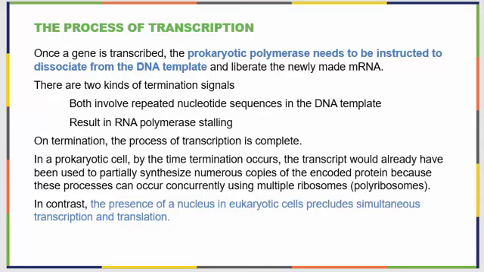They both involve really repetitive nucleotide sequences, and they result in the RNA polymerase stalling. So it physically stops moving on the DNA strand, and the protein lets go because it essentially gets jammed with information. In a prokaryotic cell, when termination has occurred, there's a really good chance that you've actually already synthesized your protein.